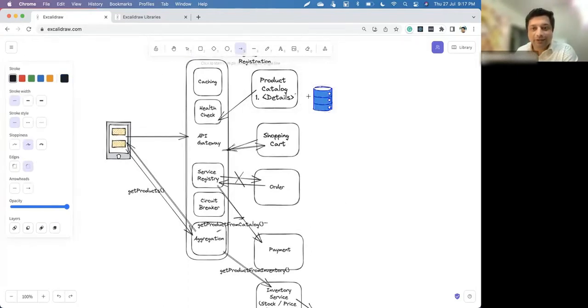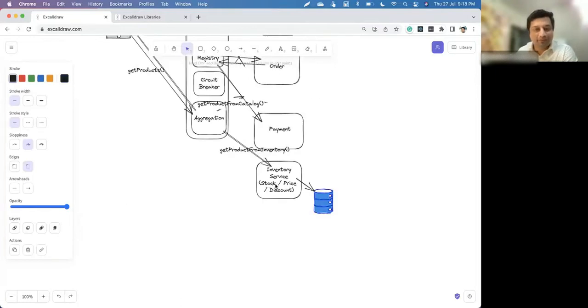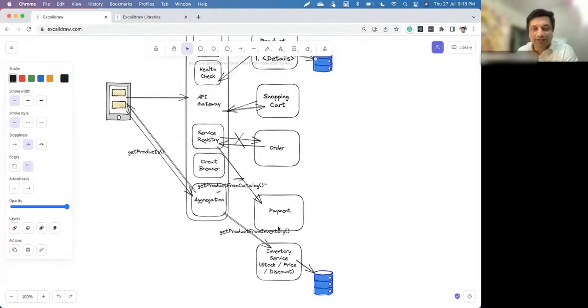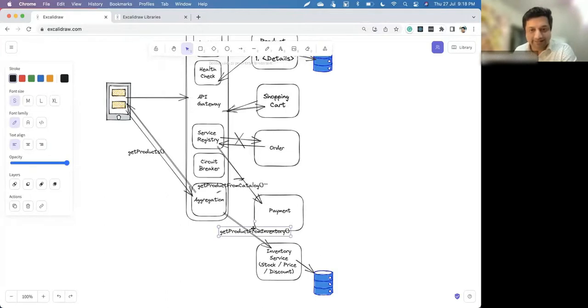So you cannot access this database directly from this service. So there's no way of doing joins, right? So joins cannot be done, but yes, what you can do is you can do aggregation, service aggregation. This is one way of implementing database joins in microservices architecture.